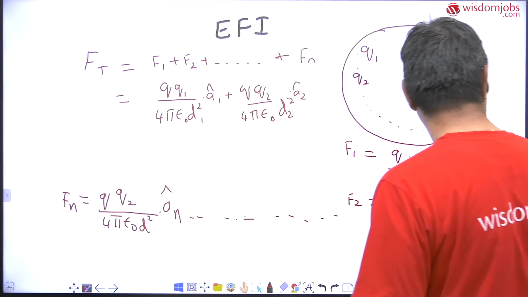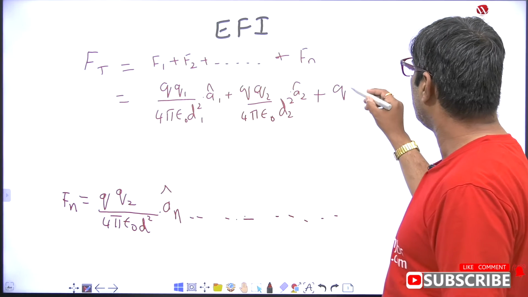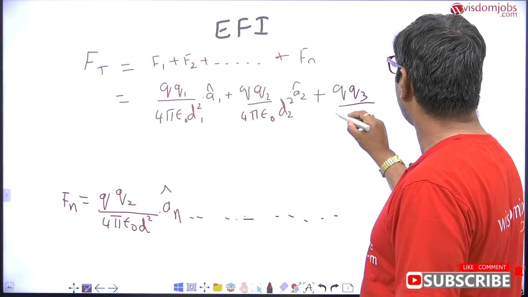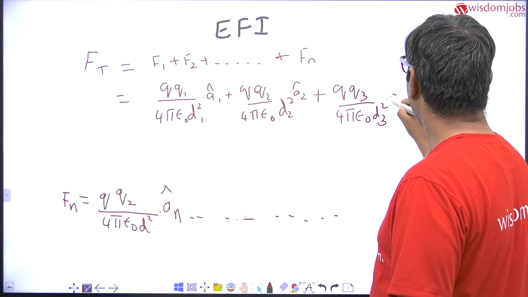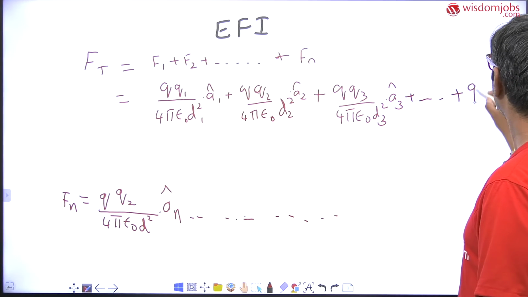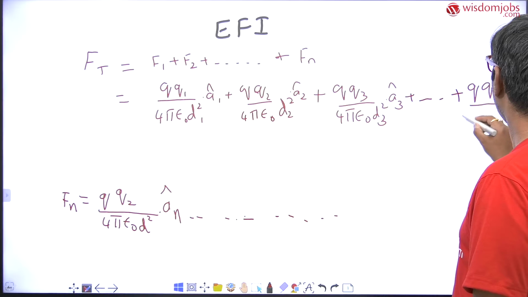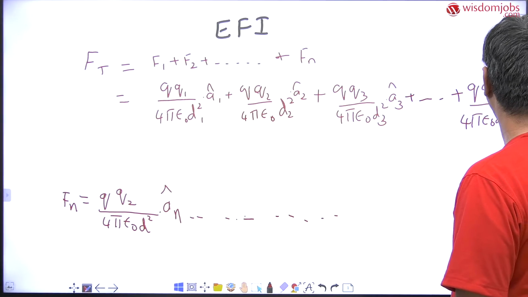So similarly, if you observe the remaining expressions, Q into Q3 whole divided by 4 pi epsilon naught d3 square into a3 cap, and so on and so forth, up to Q into Qn upon 4 pi epsilon naught dn square into an cap.